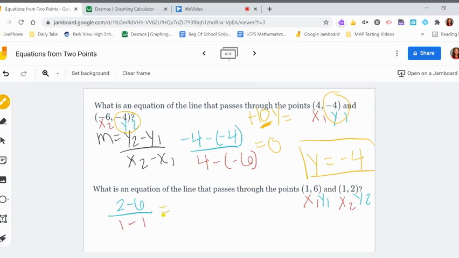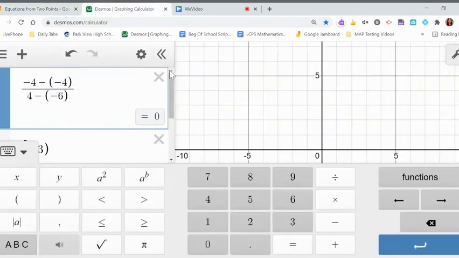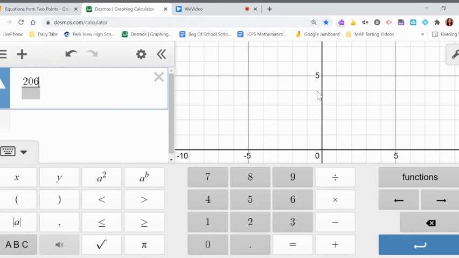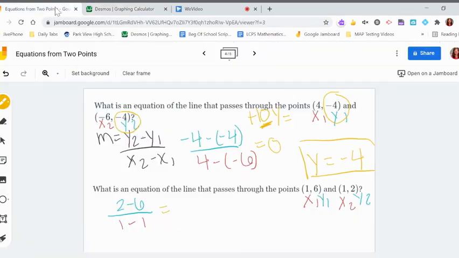I type that in, 2 minus 6 over 1 minus 1. Division. We get undefined. Your slope is undefined.